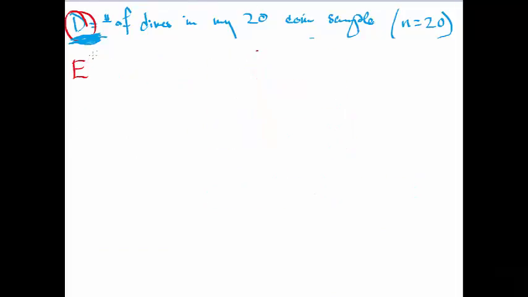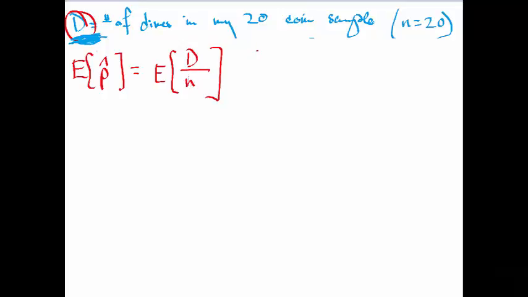What's the expected value of the sample proportion p hat and the standard deviation of the sample proportion p hat? The expected value of the sample proportion p hat: if I replace p hat with the random number of successes divided by n, remember this E operator just says, let's take a weighted average of all the possible values.